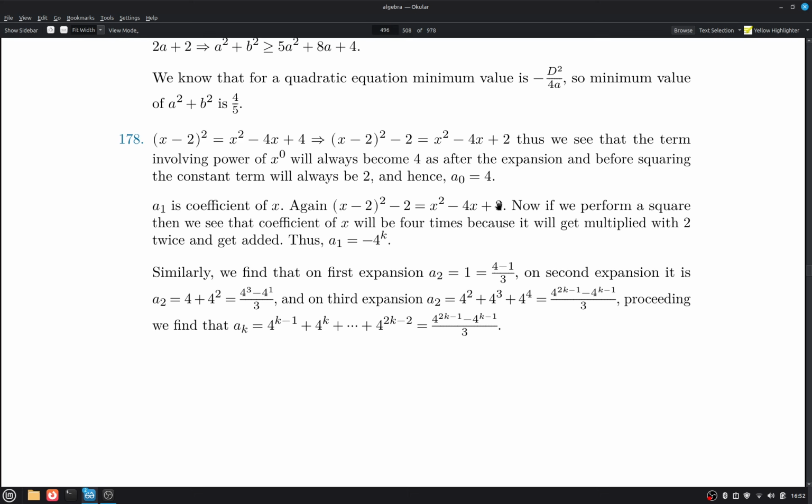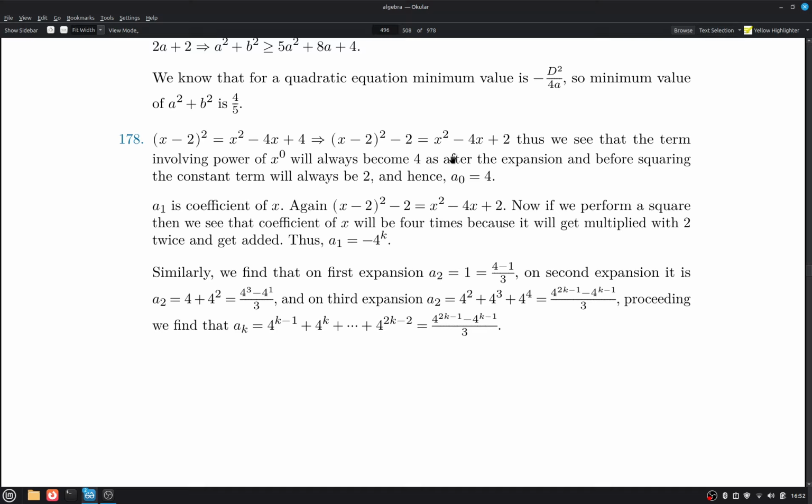So if you square this, the 4 will get multiplied 2 times, because 4 into 2 and 2 into 4. So you see that the coefficient a1 would be minus 4 to the power k. Similarly, we can find that on first expansion, a2 is equal to 4 minus 1 by 3, that is this. Okay. On the second expansion, it is 4 plus 4 square.